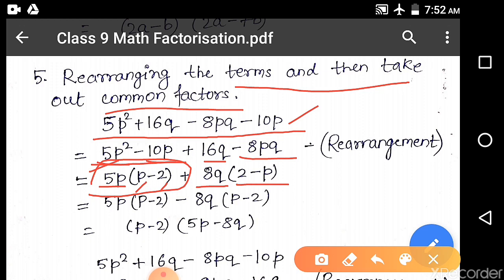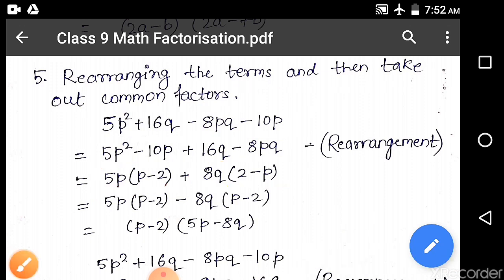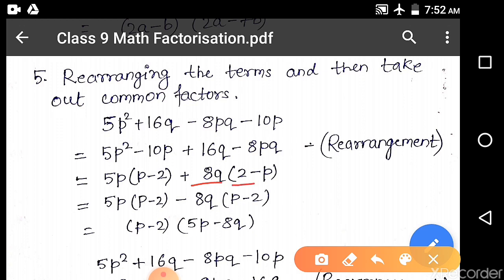Here we have 8q as a common factor and 2 minus p. But the first bracket has p minus 2, so we can take out the minus sign common, that you have gone through in the third or fourth step.